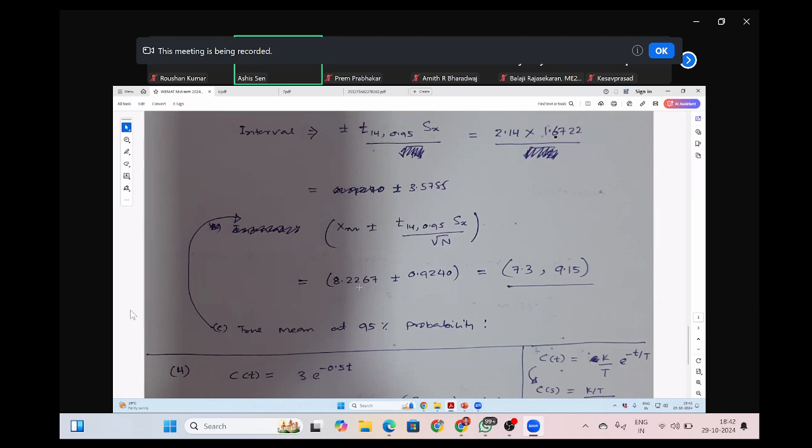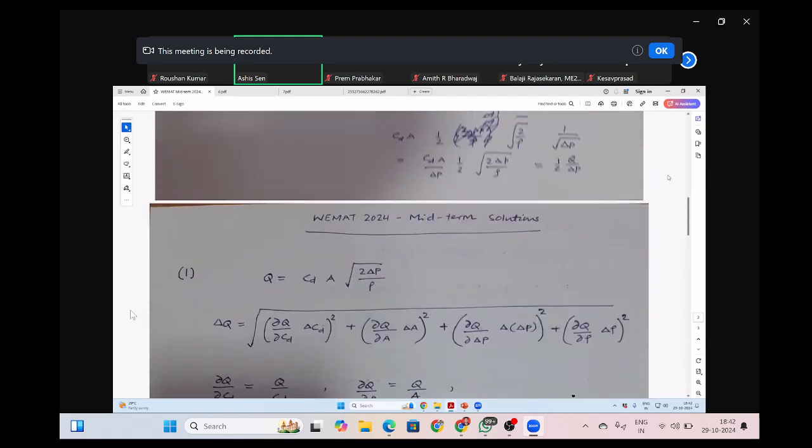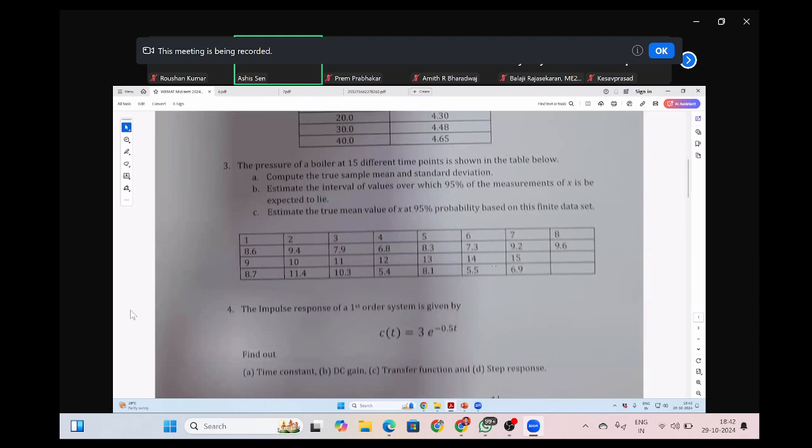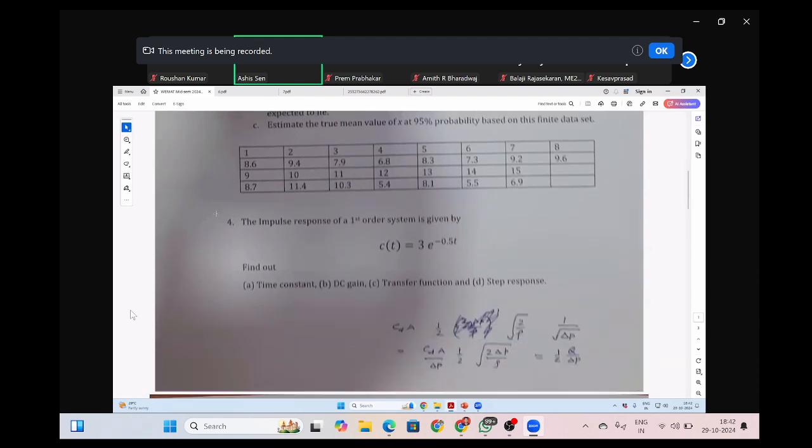That will give you 8.2267 plus minus 0.9240. So the true mean will lie within this range, 7.3 to 9.1. Okay. So this is again something that we did in the class. Now I would move on to the last question, which is the fourth.